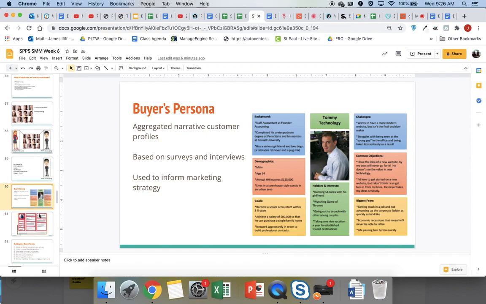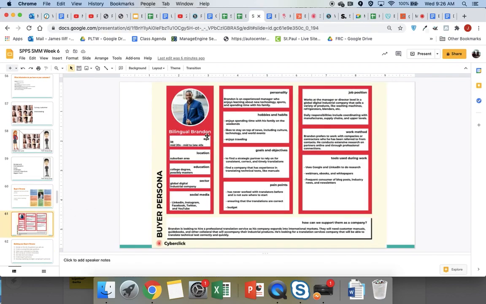Let's look at another one. This is bilingual Brandon. And you can see he has slightly different characteristics. He's mid-20s. Let's look at his pain points. Has never worked with translators before and is not sure where to start.